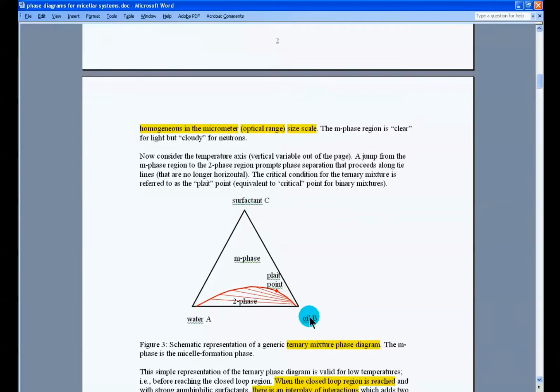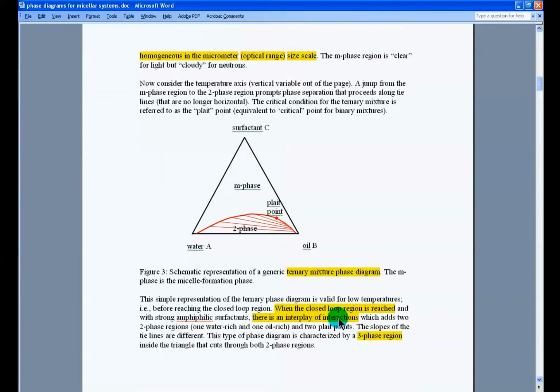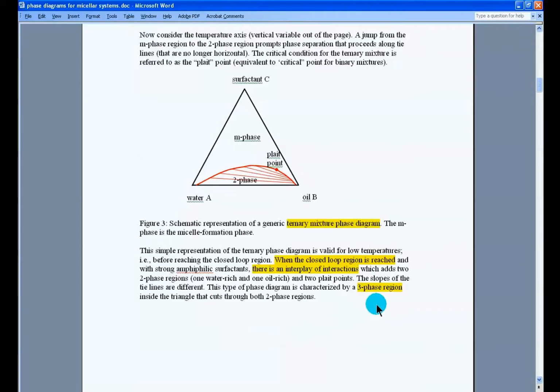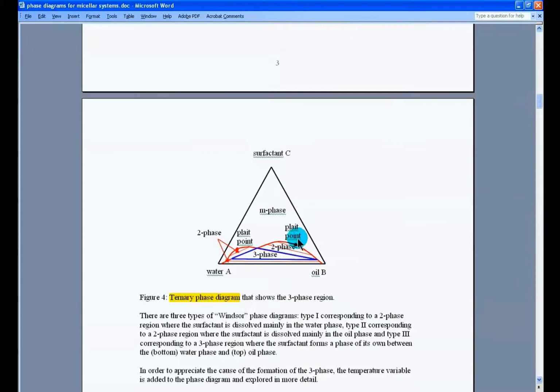Surfactant, water, oil. When the closed loop region is reached, there's an interplay of interactions. We might get a 3 phase region. In other words, in the phase diagram there is 1 phase region for the lower part of the phase diagram, UCST, and we might get a second 2 phase region here due to the closed loop for surfactant water.